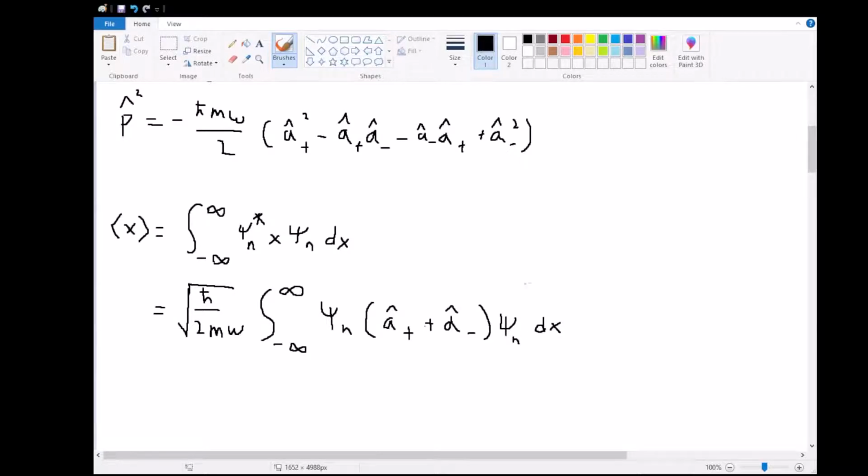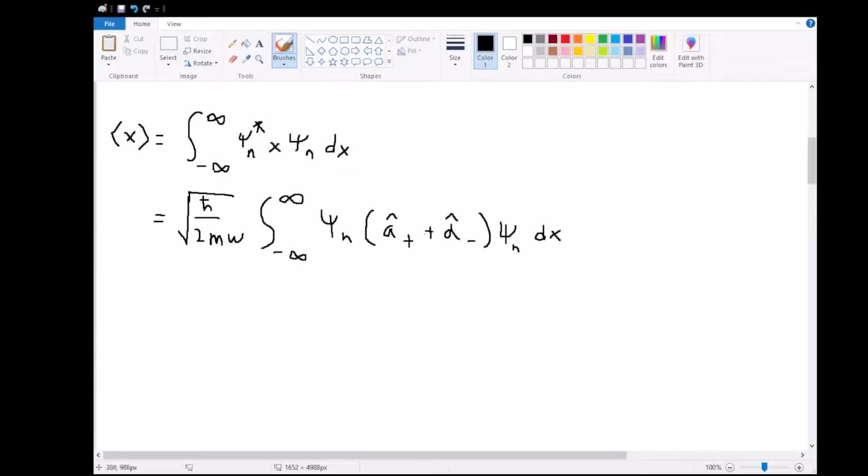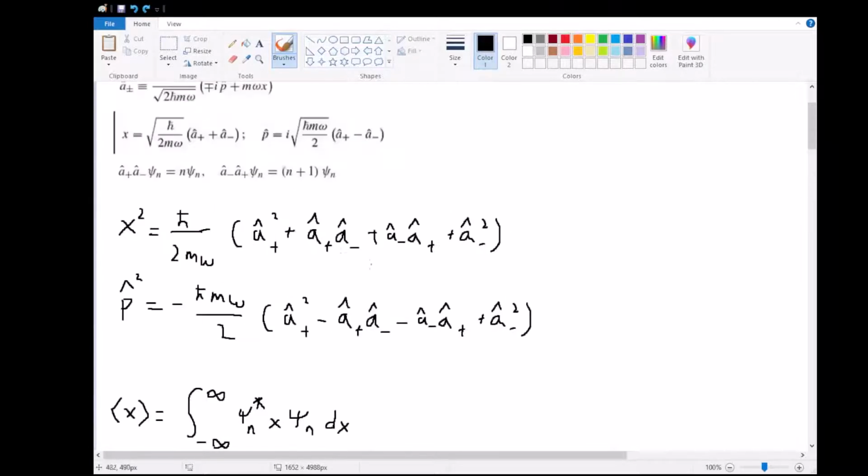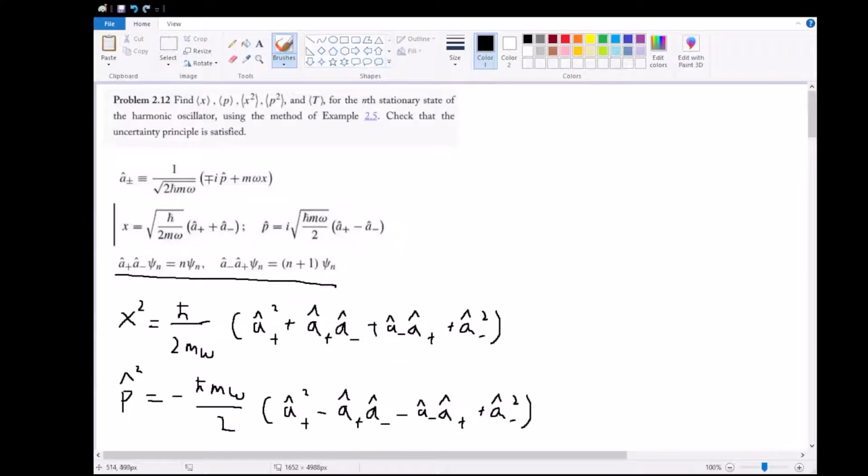So hopefully immediately you see that this is just going to equal 0, because if we split this into two component integrals, we have an integral of psi n times a hat plus psi n, and another integral of psi n times a hat minus psi n. The a hat plus and a hat minus respectively will change the psi n to the right to psi n plus 1 and psi n minus 1, with whatever constant is at the front determined by these formulas.